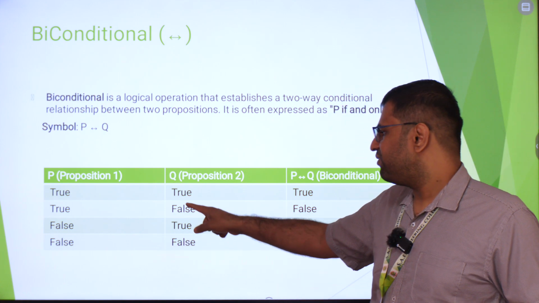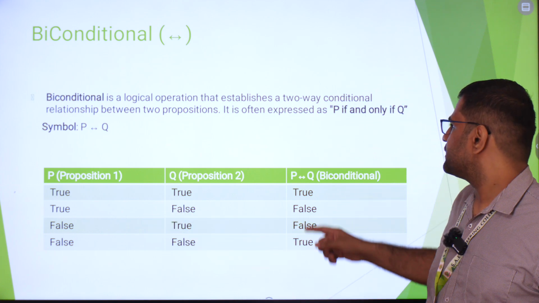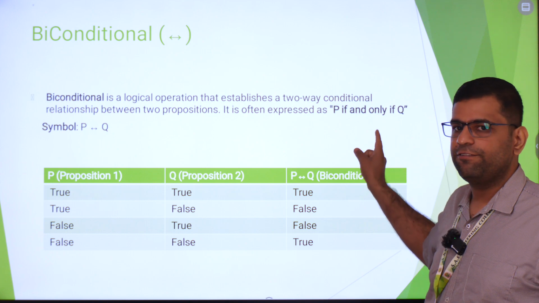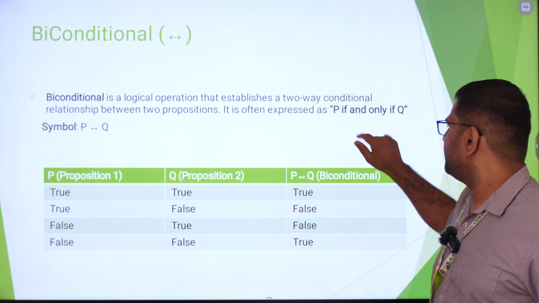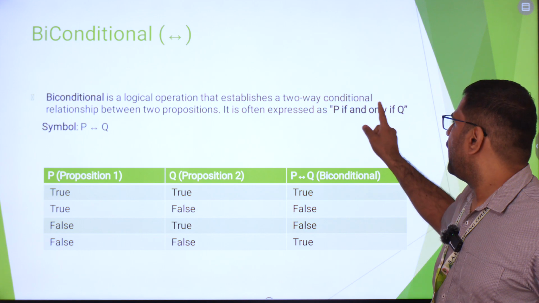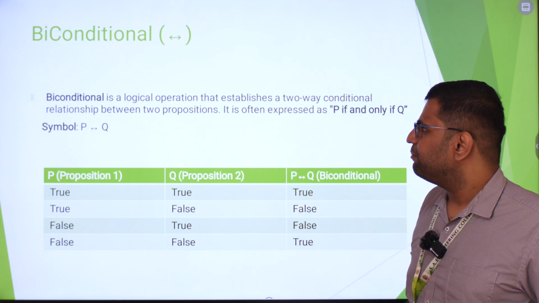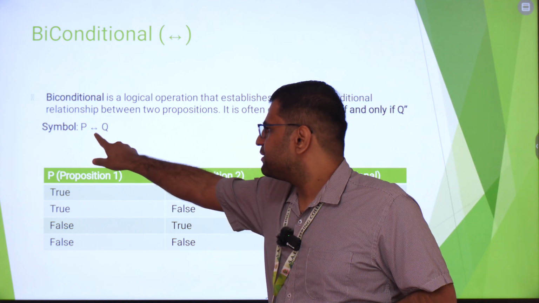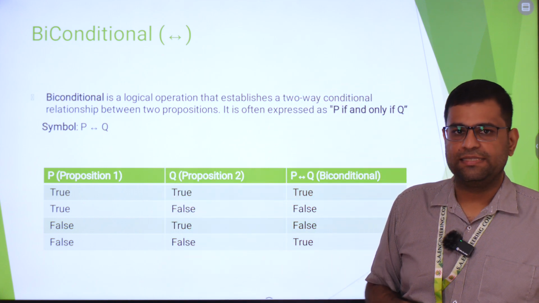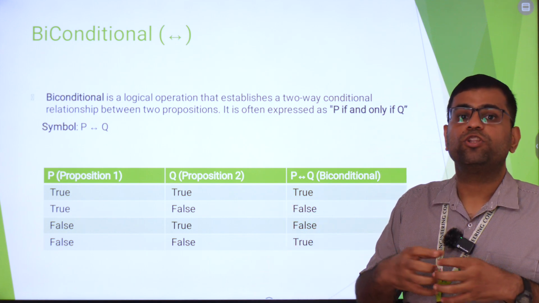If either one of the values is true and the other false, the biconditional becomes false. It is often expressed as if and only if. Remember, there are two ifs here. If P and Q are both true or both false, then the biconditional becomes true, and it is expressed with a two-way arrow symbol, meaning that it depends on both parameters, both propositions.